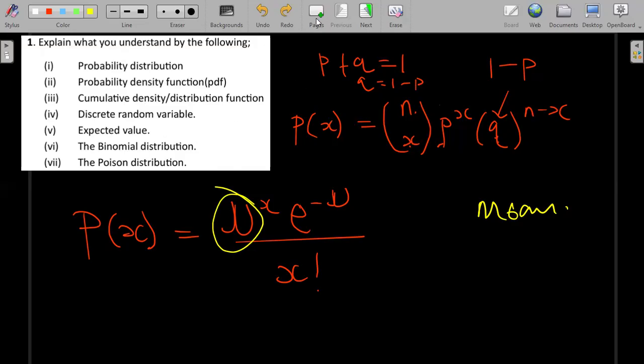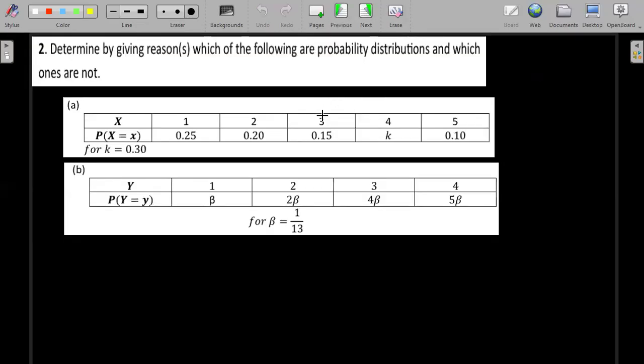Right, so we go to the next question, which is question 2. They're saying determine, by giving reasons, which of the following are probability distributions and which are not. For something to be a probability distribution, all the probabilities P of x should be between 0 and 1.